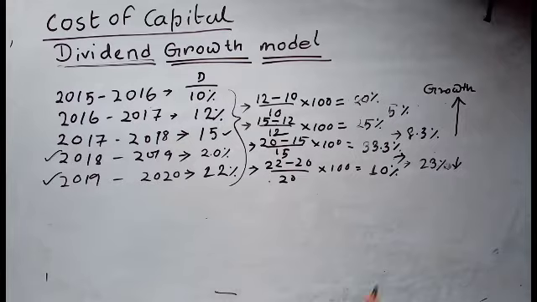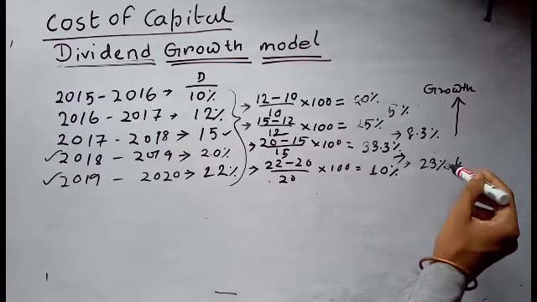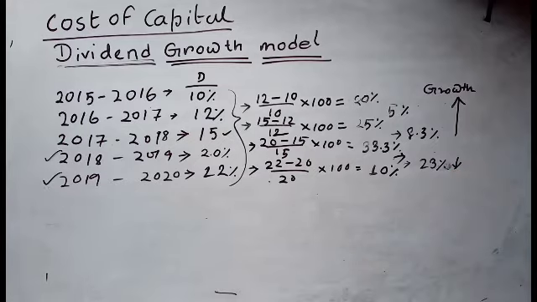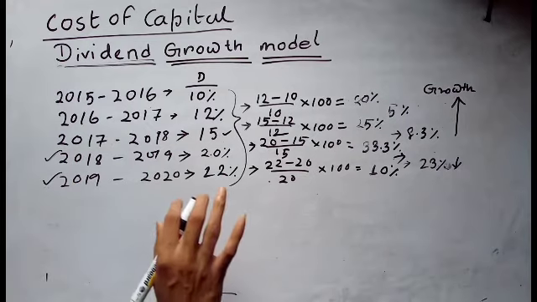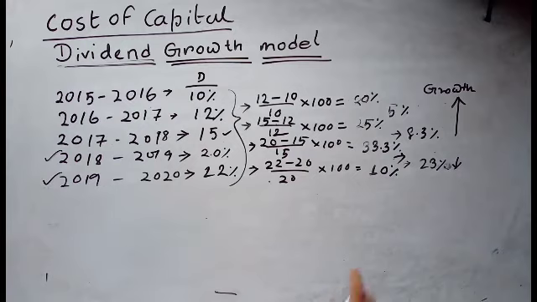But suddenly we can see the growth in downfall. There may be several reasons for that downfall. I am not going to discuss it, but in the numerical I want to discuss how the growth is upward and downward.